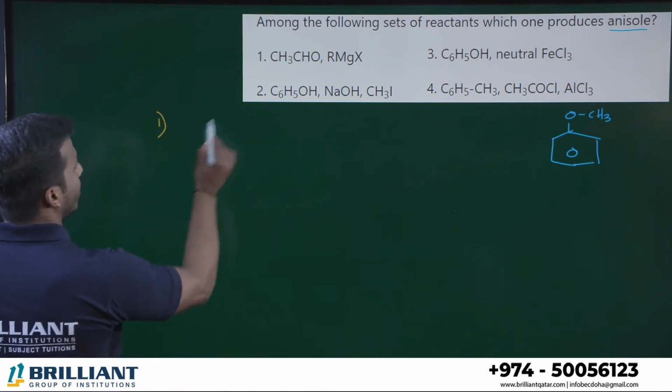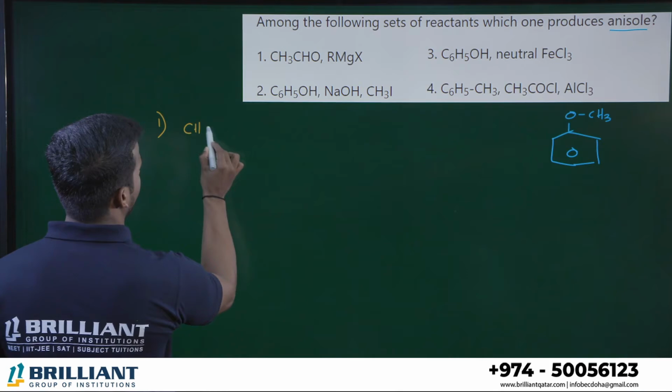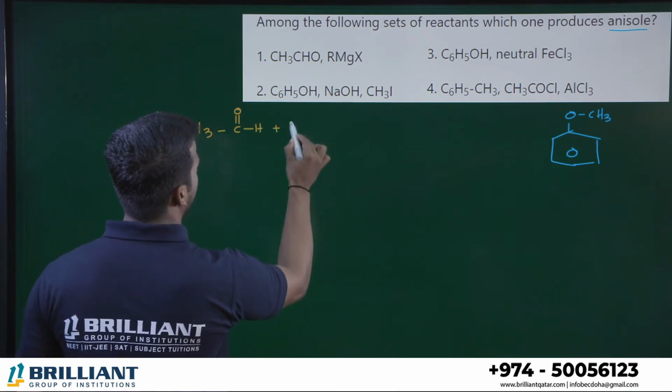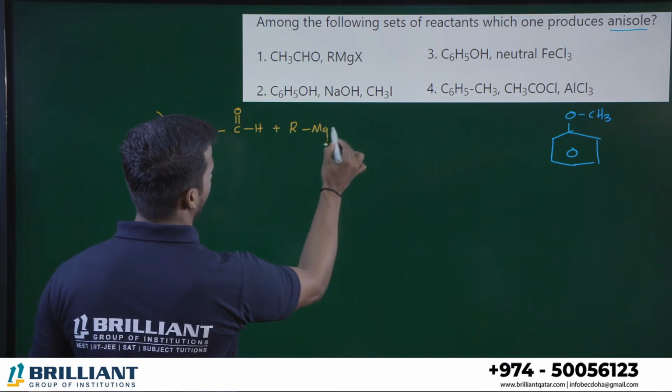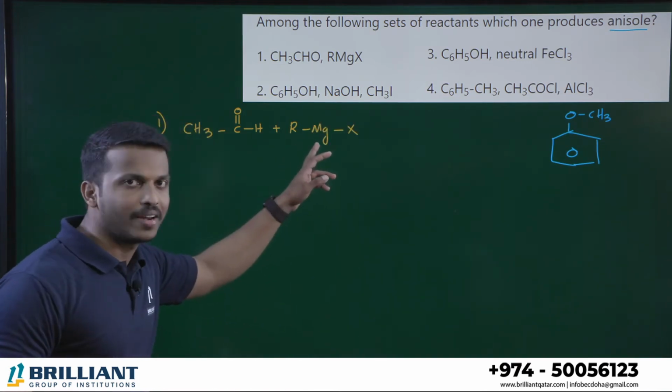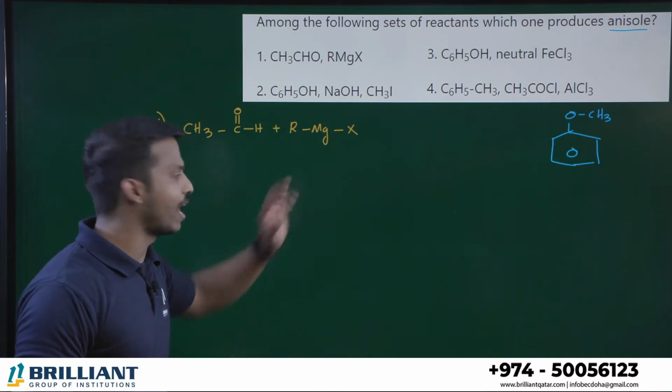First one: CH3CHO reacting with RMgX. We studied in the part 1 video, this is your Grignard reagent, an alkyl magnesium halide.